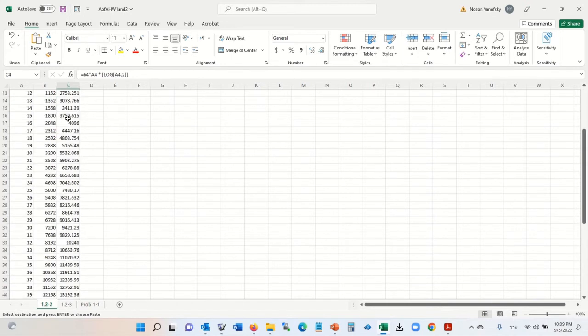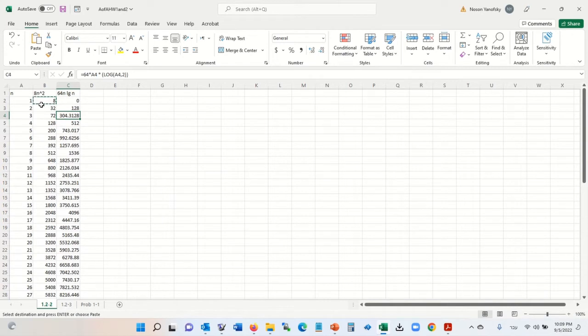And if you go down, you'll see for all these values, insertion sort is 72 operations, and this is 304 operations. So it's better to do insertion sort. This is 648. This is 1825.